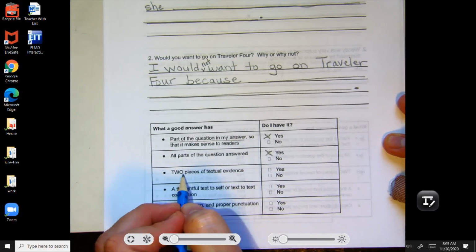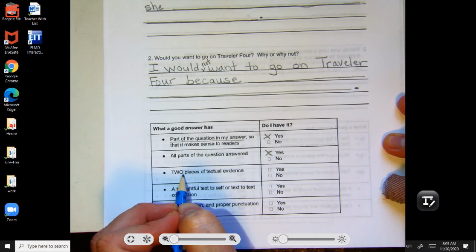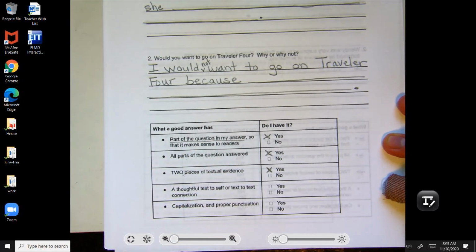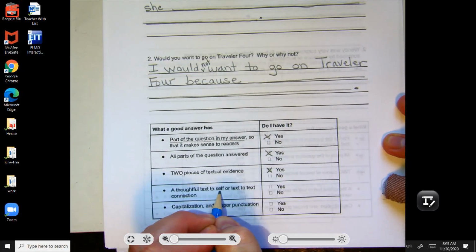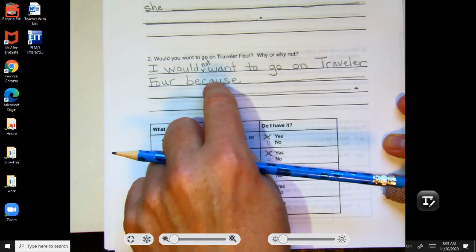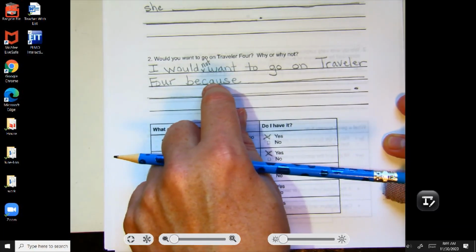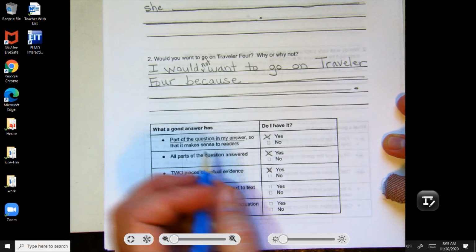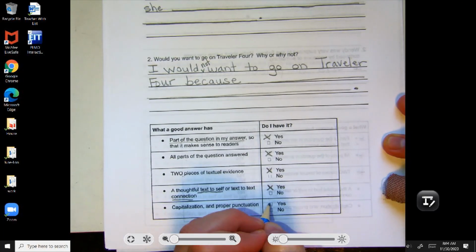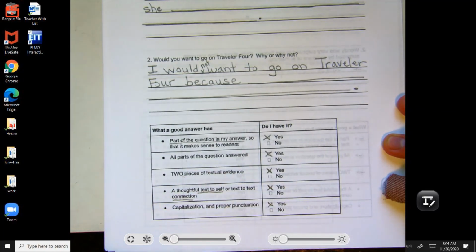If in your first question you gave two pieces of evidence of how you knew she was nervous, that's going to give you that point. And then your text to self connection, that's question number 2, right? You're connecting it to yourself. Would you want to go on Traveler 4? That's about you and connecting to you. And then, of course, if you capitalized and punctuated correctly, you would get a point for that.